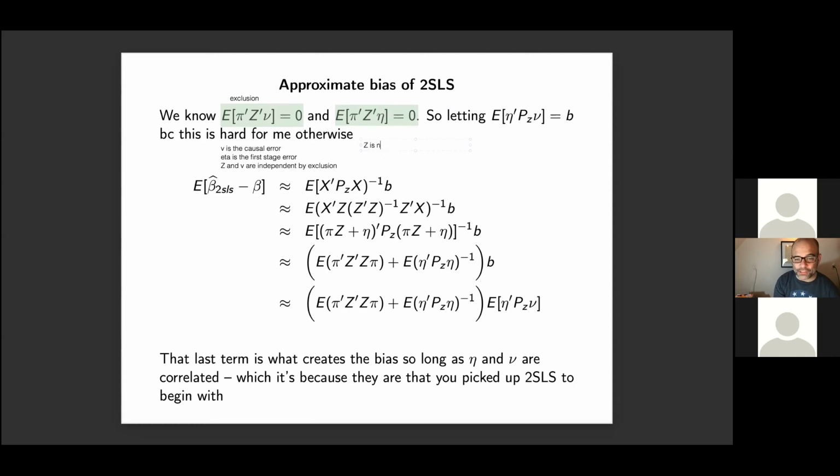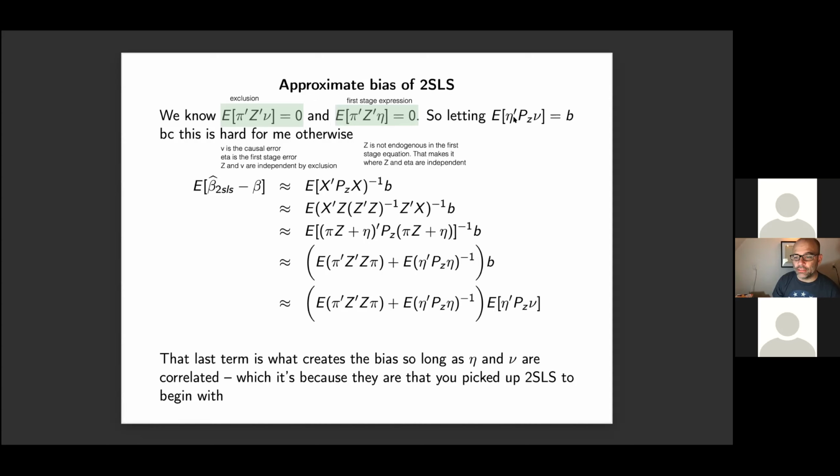Z is not endogenous in the X in the first stage equation. That makes it where Z and eta are independent. Okay, so we've properly specified the first stage. This is a first stage expression, right? We know that we get zeros from both of those.